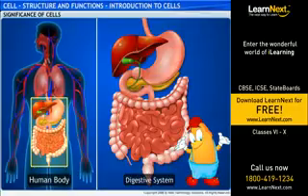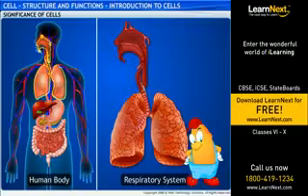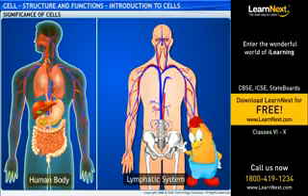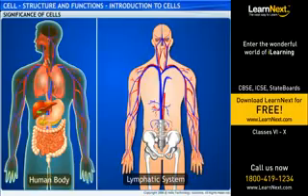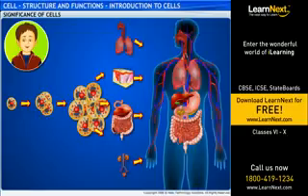For example, the bodies of human beings consist of digestive system, excretory system, respiratory system, integumentary system, and lymphatic system. Wow. From such a tiny unit to such complex organisms?